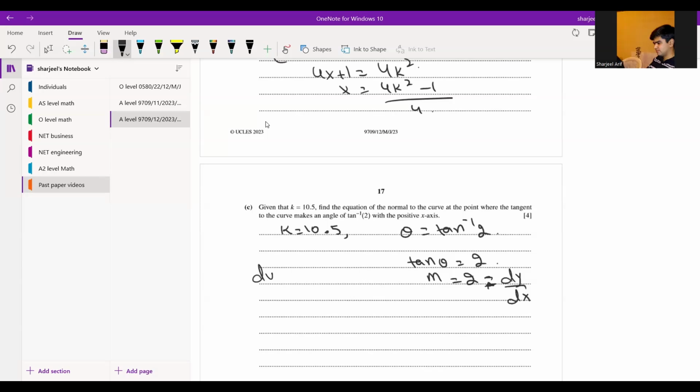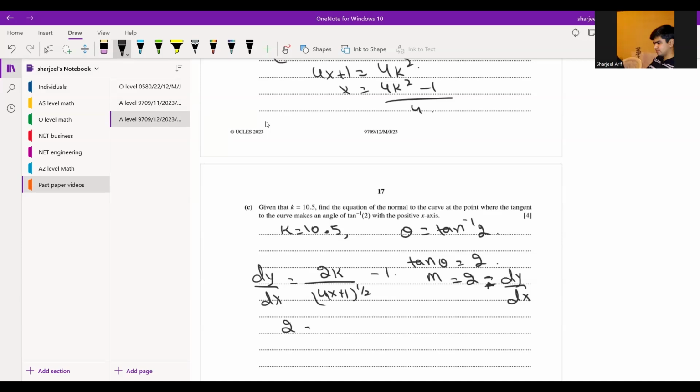Sorry, let me rewrite it. dy/dx was equal to 2k over square root of (4x + 1) minus 1. We will substitute the values of k and gradient here.